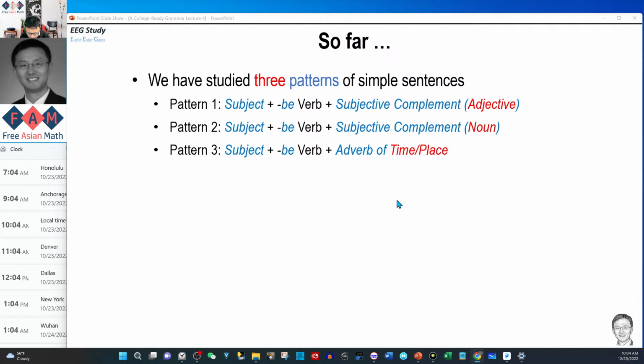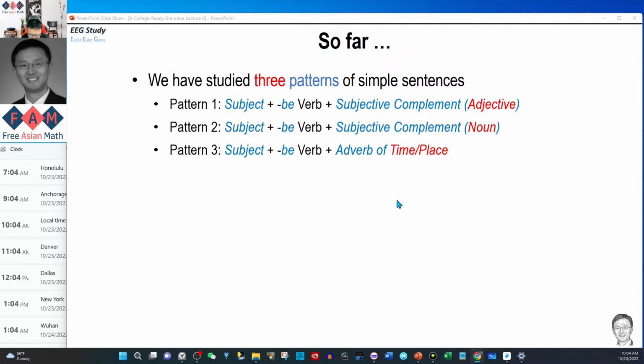And just as a side note, this adverb has a special grammatical term. We call that an obligatory adverbial, meaning that for this pattern 3, this adverb is necessary. Without it, it cannot complete the idea.